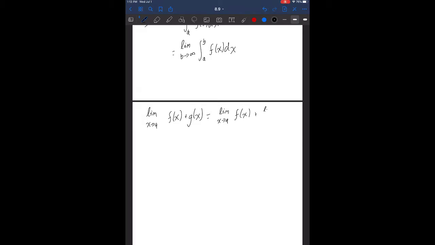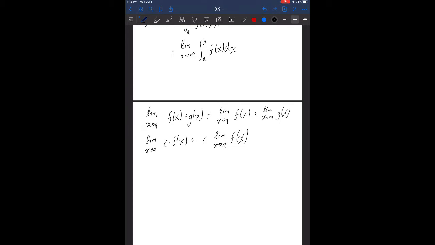So the limit as x goes to a of f of x plus the limit as x goes to a of g of x. And finally, if we have the limit as x goes to a of c times f of x, so we're multiplying everything by a constant, we can pull the constant out in front. So very similar to the rules we have for dealing with integrals. Okay.